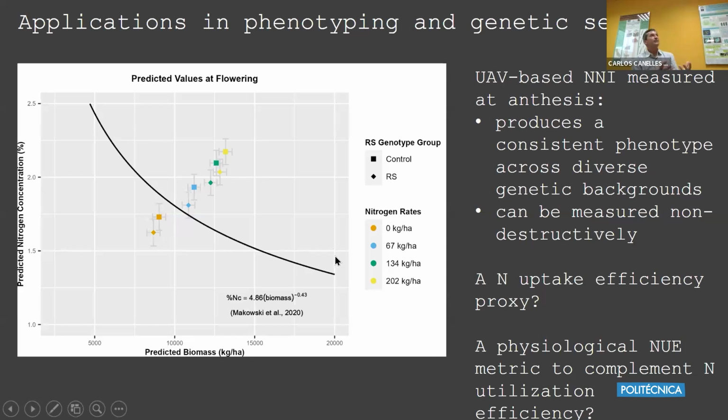And so I think what we're getting from this anthesis measurement is probably a proxy for nitrogen uptake efficiency. And obviously we have the ability to calculate seasonal utilization efficiency, but those 2 things are not always the same. And so if you can discriminate uptake efficiency from utilization efficiency, then you probably have a little bit more insight about soil nitrogen and soil nitrogen acquisition versus nitrogen distribution, redistribution, and the properties that come alongside that. So we're excited about those applications.